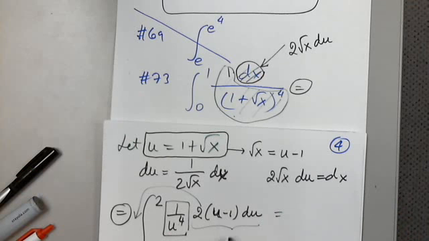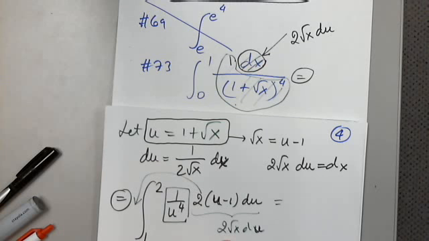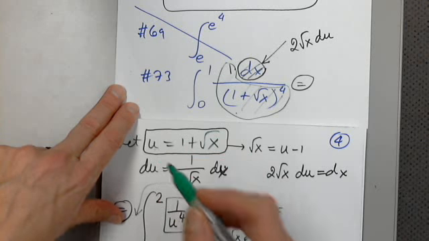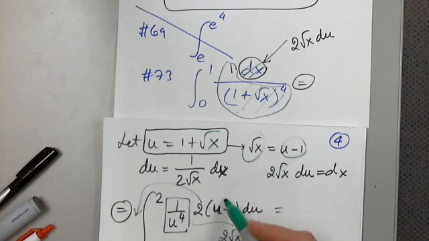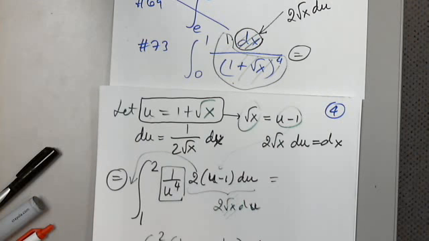But there is no way I can put here 2 square root of x du, because I cannot have u and x in the same problem. So I subtracted 1 and I said, oh, the square root of x is the same as u minus 1, and that's how I replaced this piece by u minus 1. Because we can never have x and u in the same integral. These are not double integrals. You have to wait for that till Calc 3.